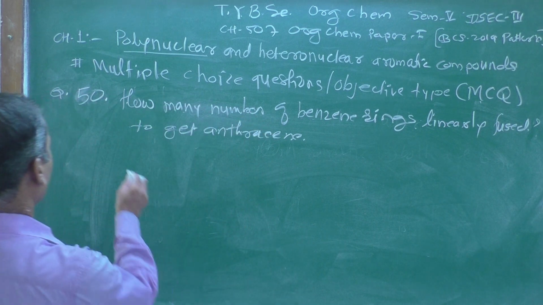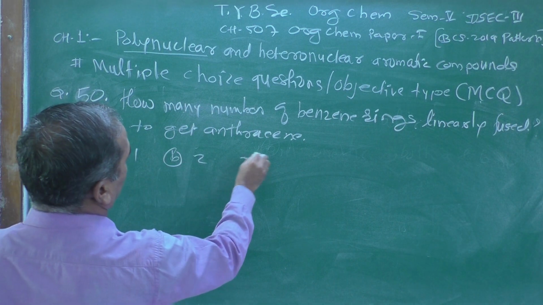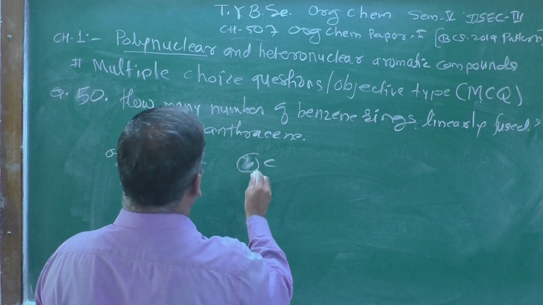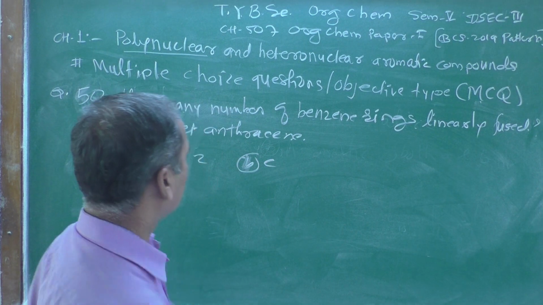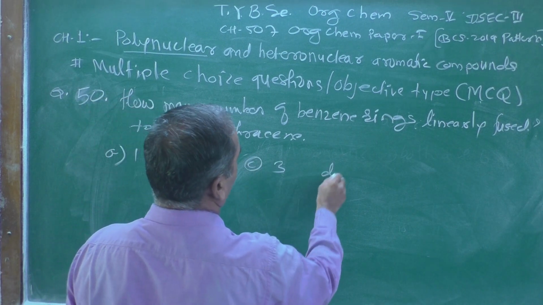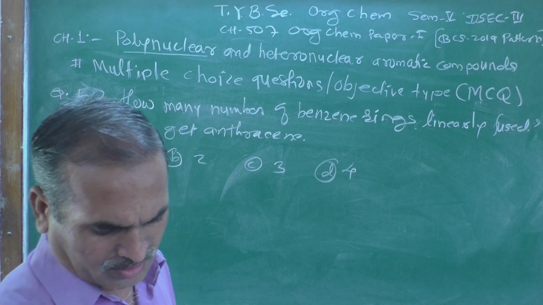Options are given: A is 1, B is 2, C would be 3, and D is 4.